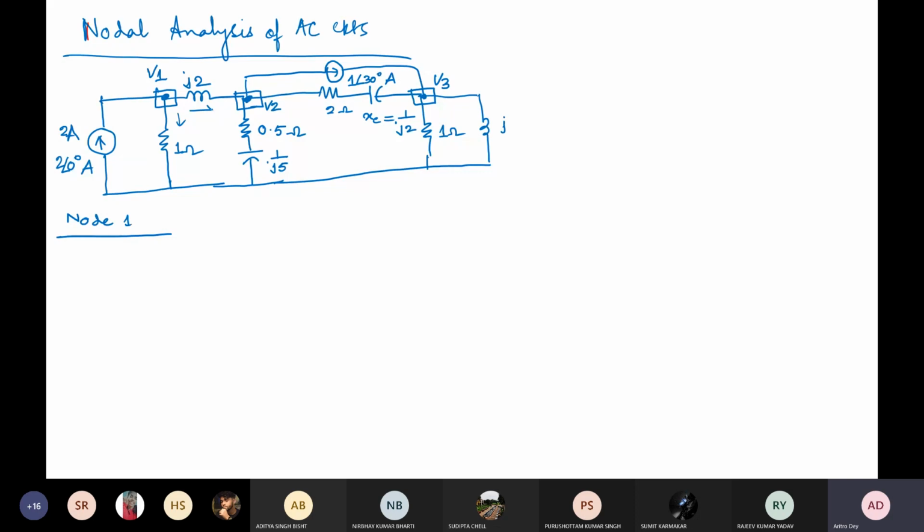So 2 angle 0 is equal to V1 by 1 plus V1 minus V2, because current is flowing from V1 to V2, divided by j2. This is at node 1.